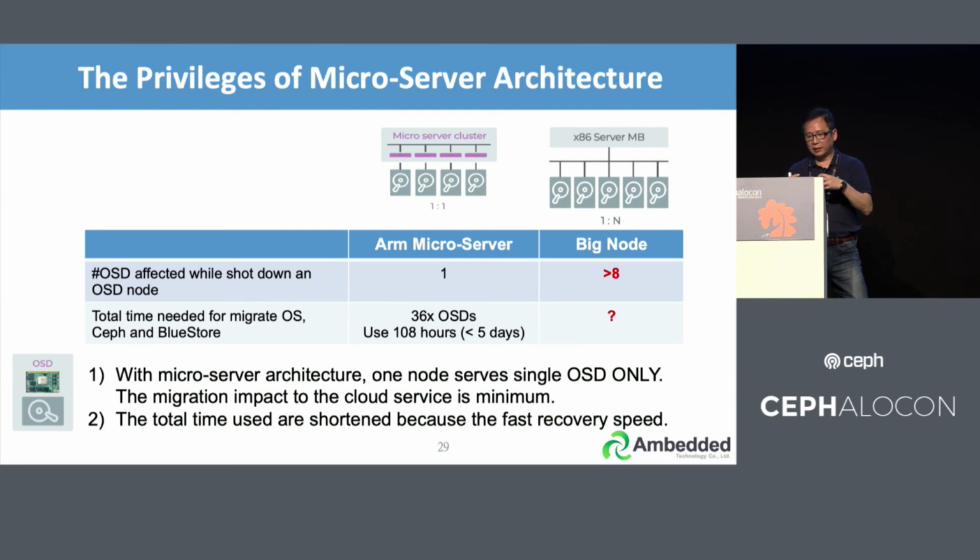Because of the design, every OSD has its own processor and server, which also accelerates the migration, so that we can migrate all of the OSDs in less than 5 days.